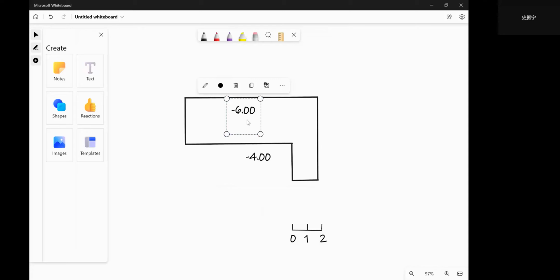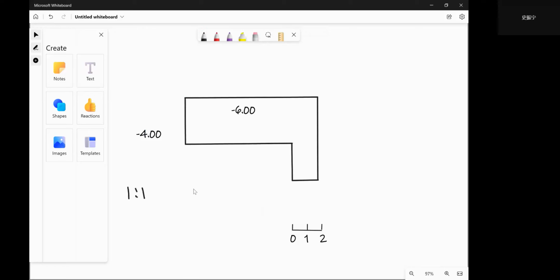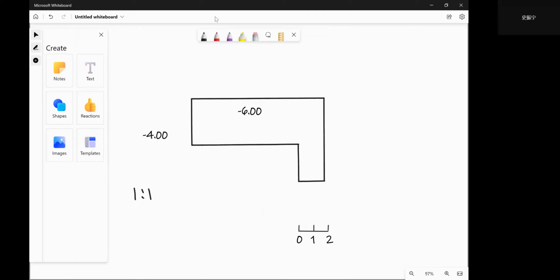This is 6, this is 6. And then the slope, all the slope around this pit, is 1 to 1. Okay, 1 to 1. So the difference is minus 4.